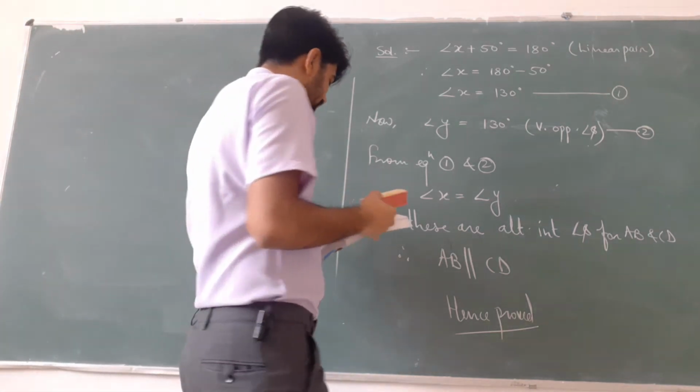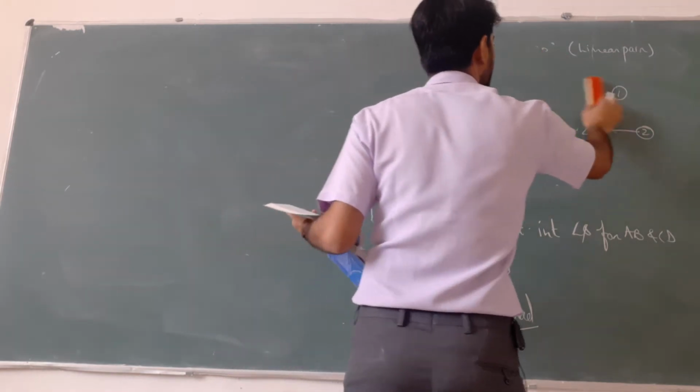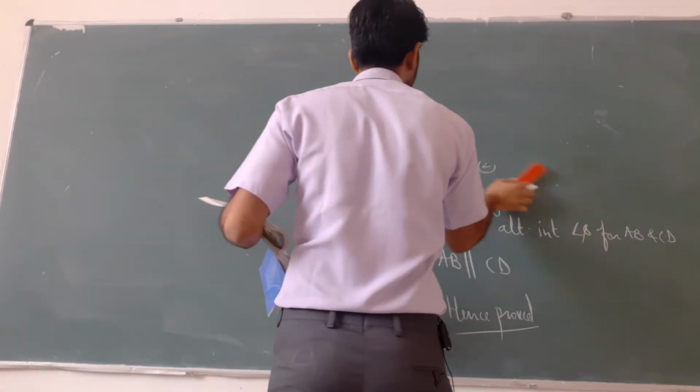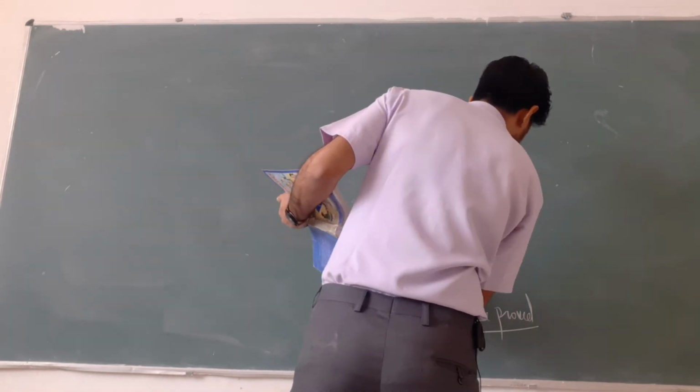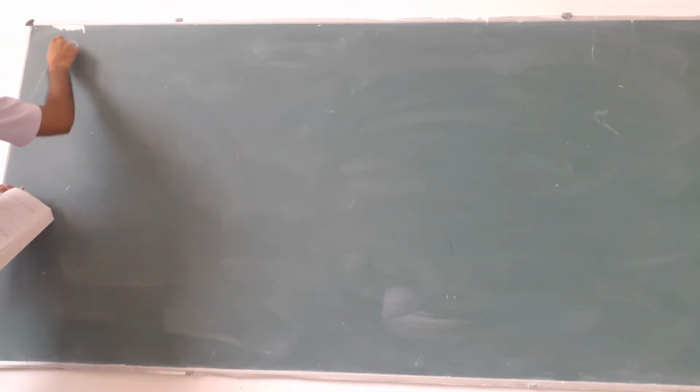Again, figure is given and the ratio of two angles is given. Look at the figure for question number 2.